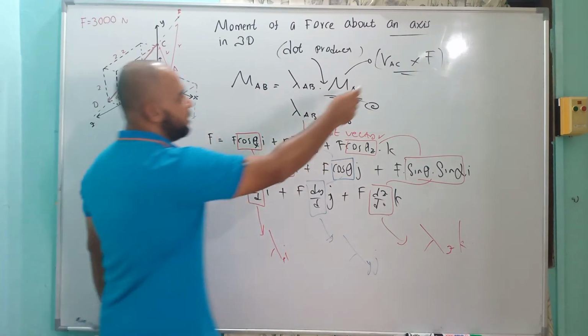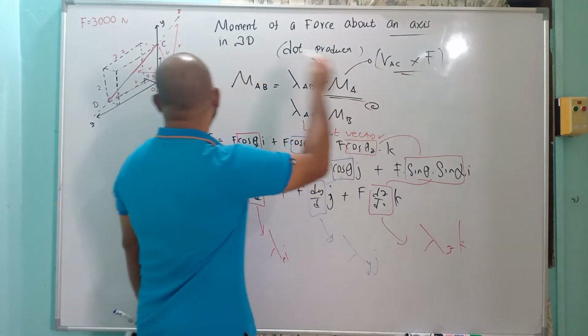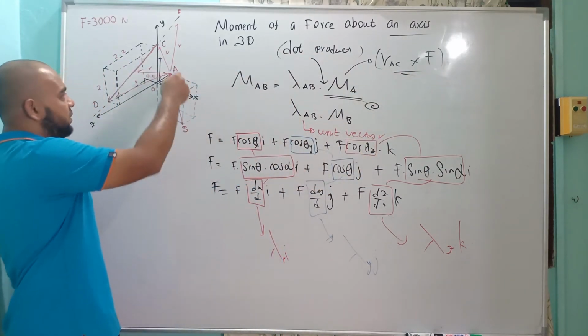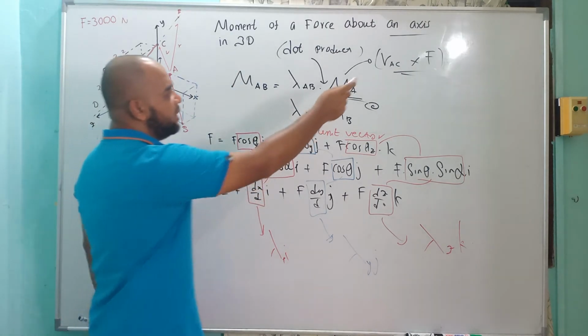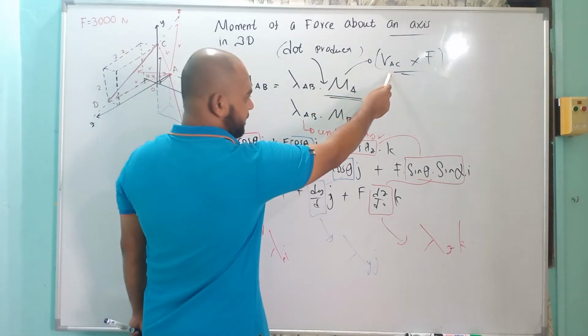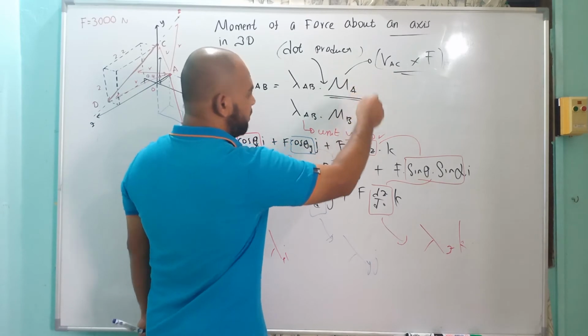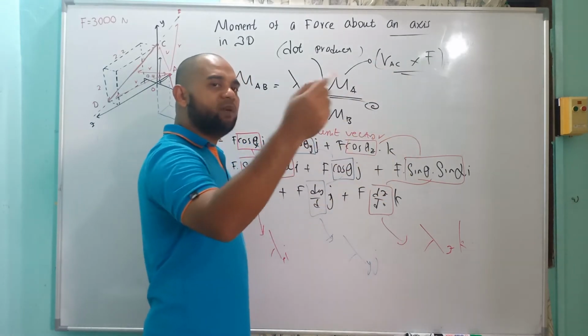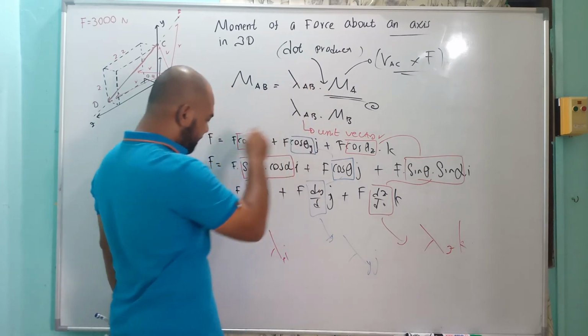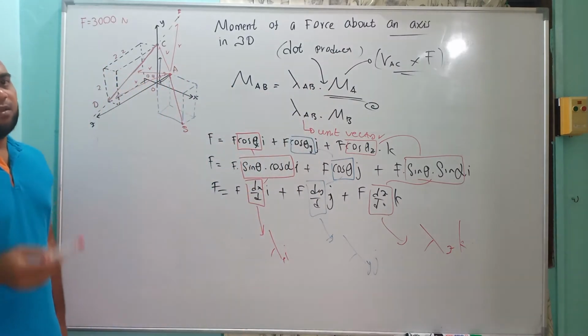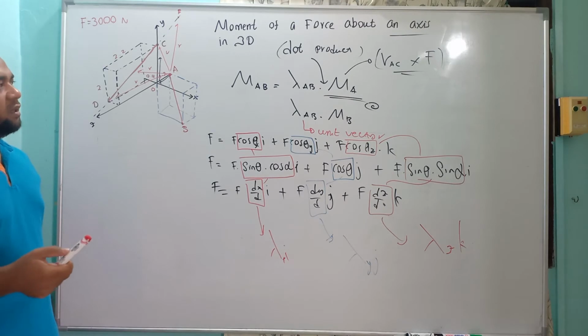You know how to calculate this one, r_AC cross F. You can choose A from AC, AD, and so on. Cross F will leave us with a vector, which is moment x i, moment y j, moment z k. But when we do the dot product here, the final result will be a scalar only, in terms of magnitude only.